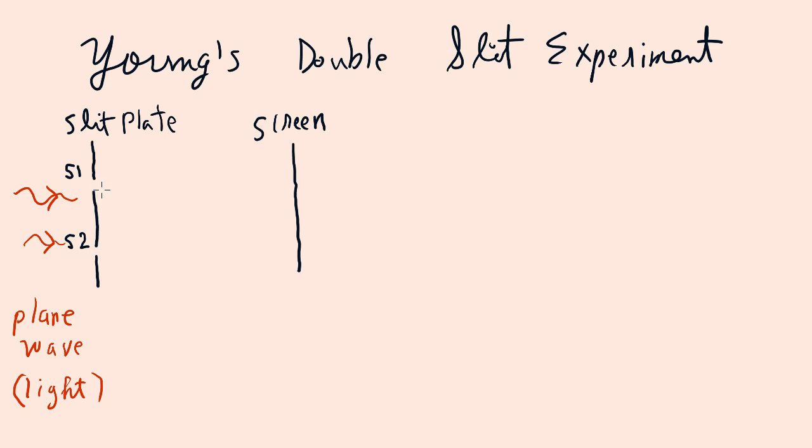And assuming that these apertures are small, the light coming from these two small apertures can be considered two spherical waves.